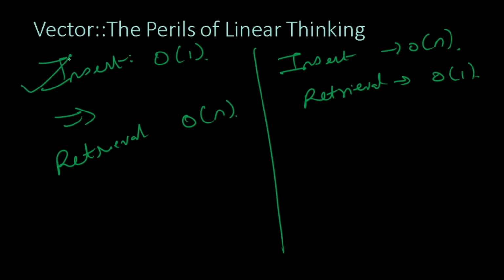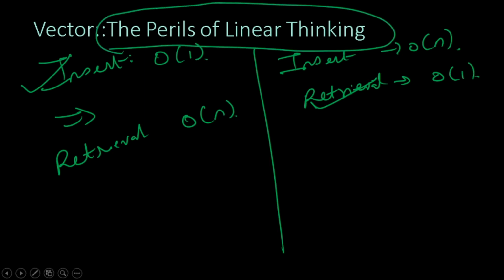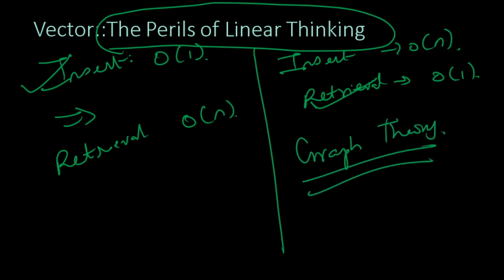Either you can insert easily or you can retrieve easily. You cannot do both. And this is why you should not always try to solve every problem in a very linear fashion. You need to try to think multi-dimensionally. I know I'm going into a bit of philosophy here, but it was important that we discuss this right now so that you are able to appreciate why graph theory is so important and why this video is so important.